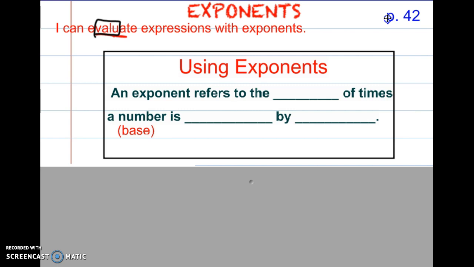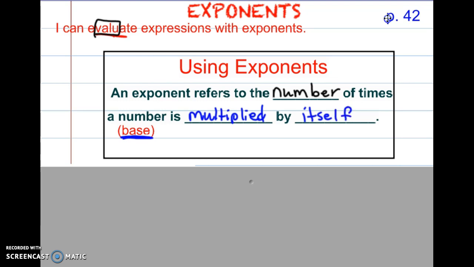An exponent refers to the number of times a base is multiplied by itself. If you'll pause your video and fill in your notes.